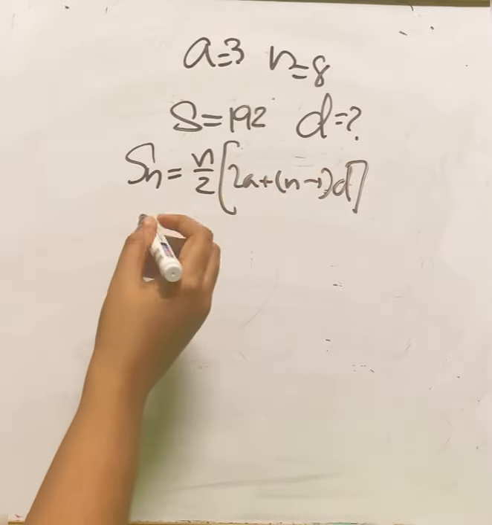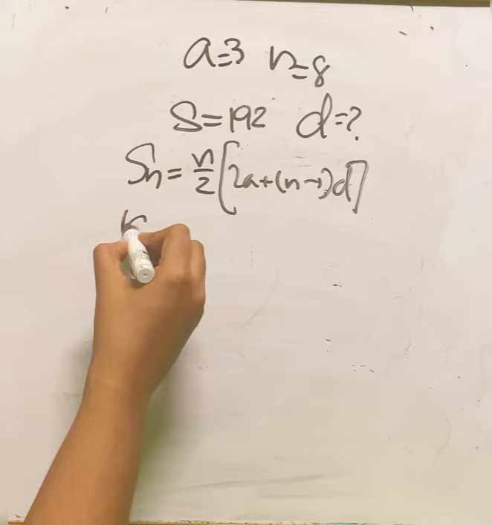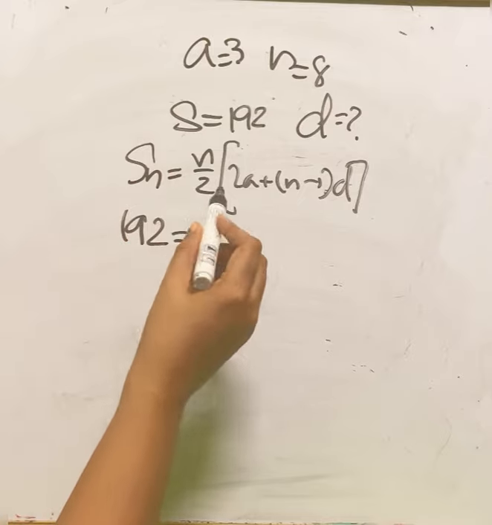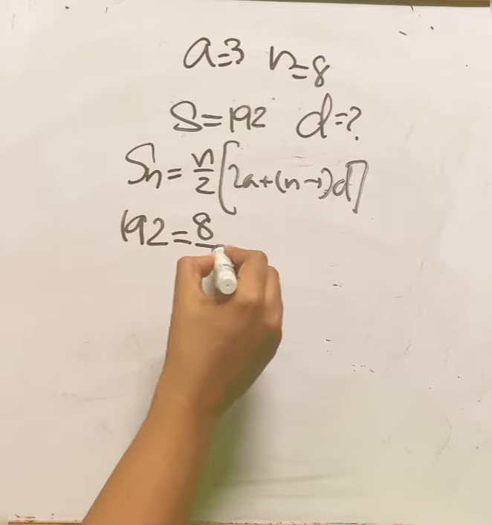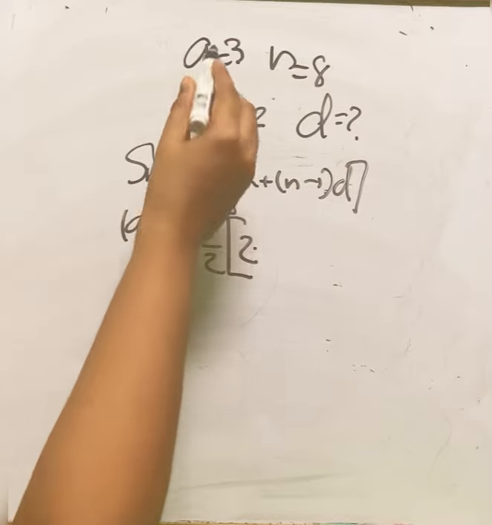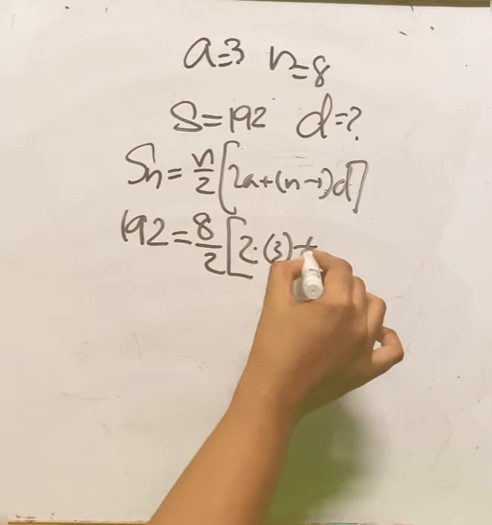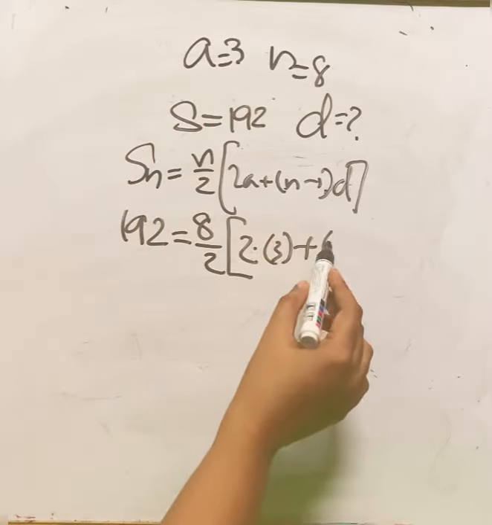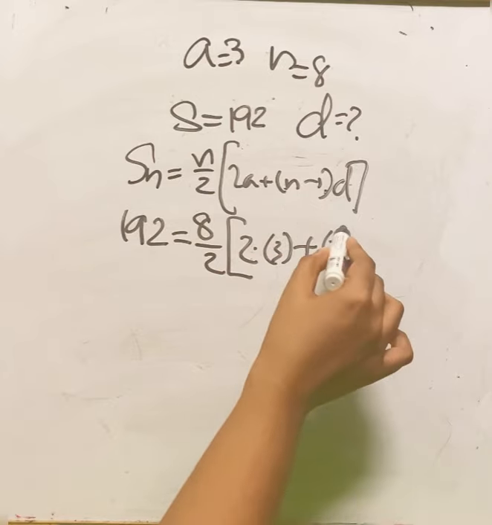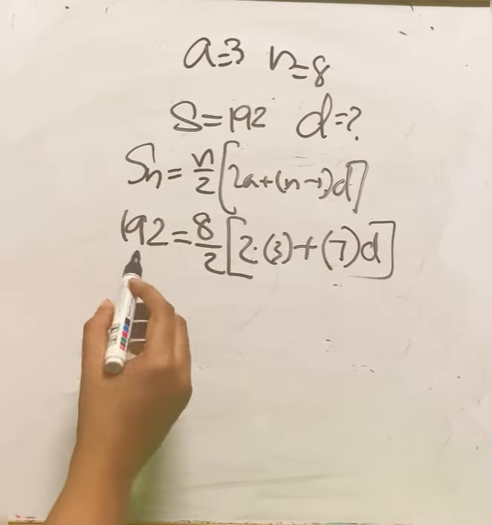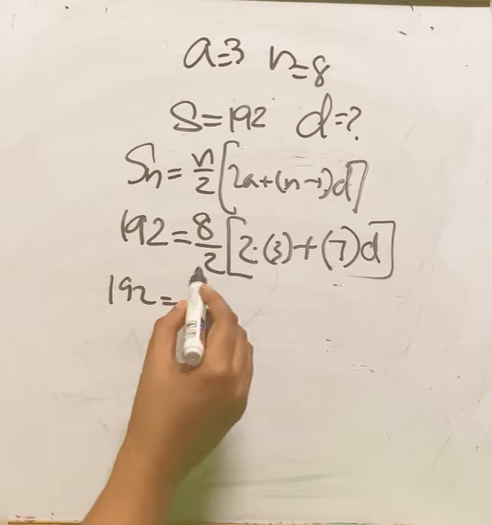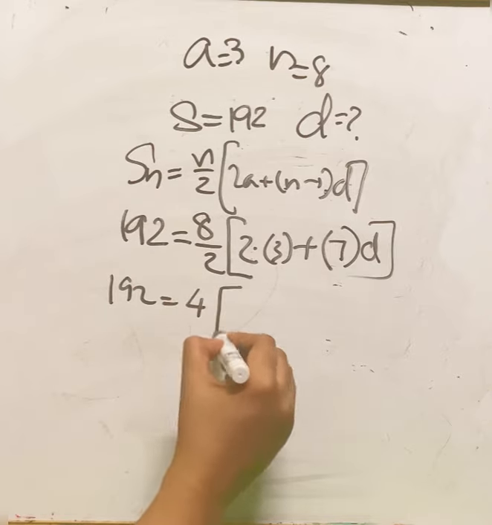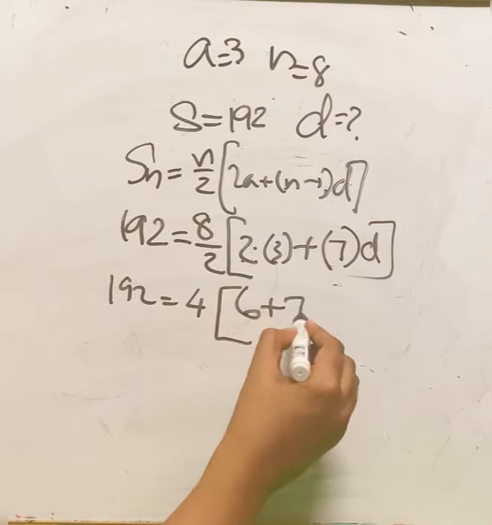In that we will substitute these values: S is 192 equal to n is 8 by 2 into 2 times a, 3, plus n minus 1, that is 8 minus 1, 7 into d. d we don't know. 192 equal to 8 by 2 is 4, inside the bracket 3 2s are 6 plus 7d.